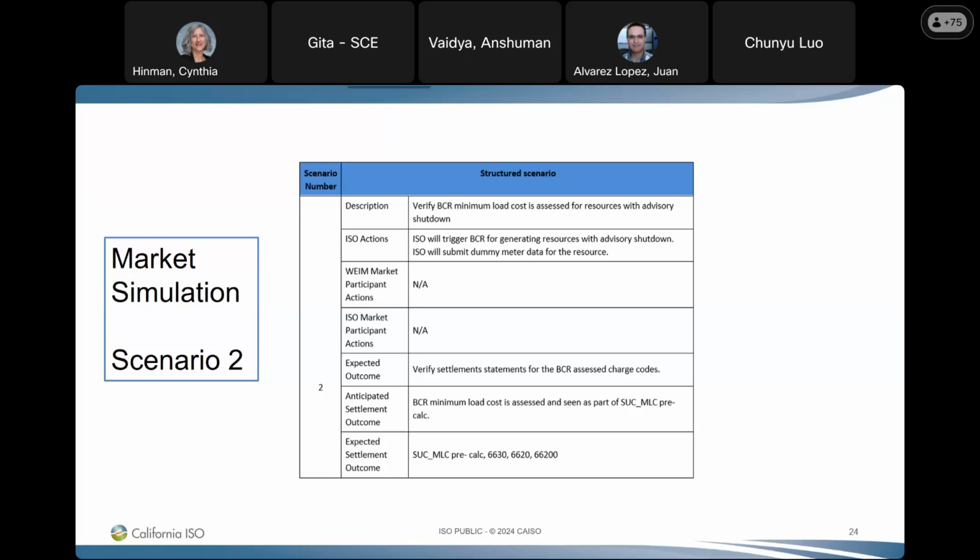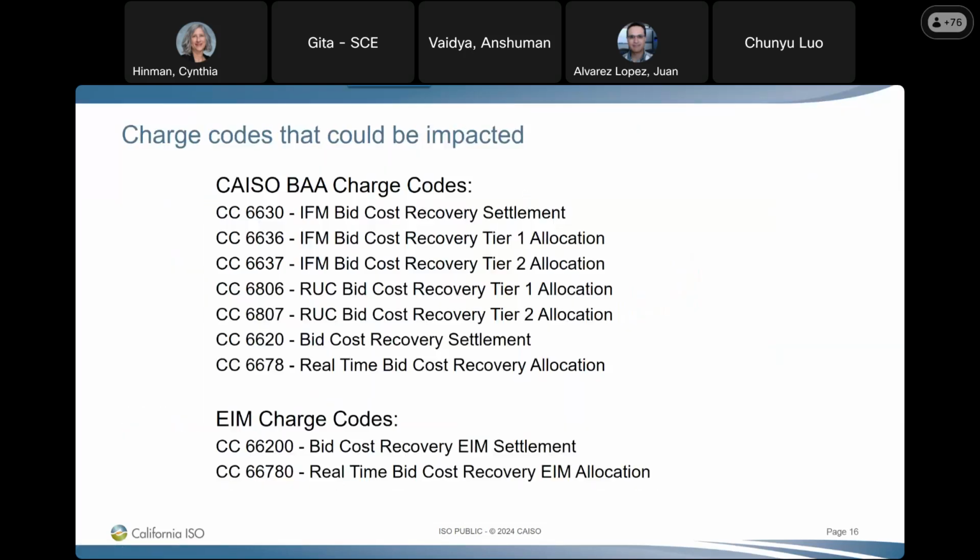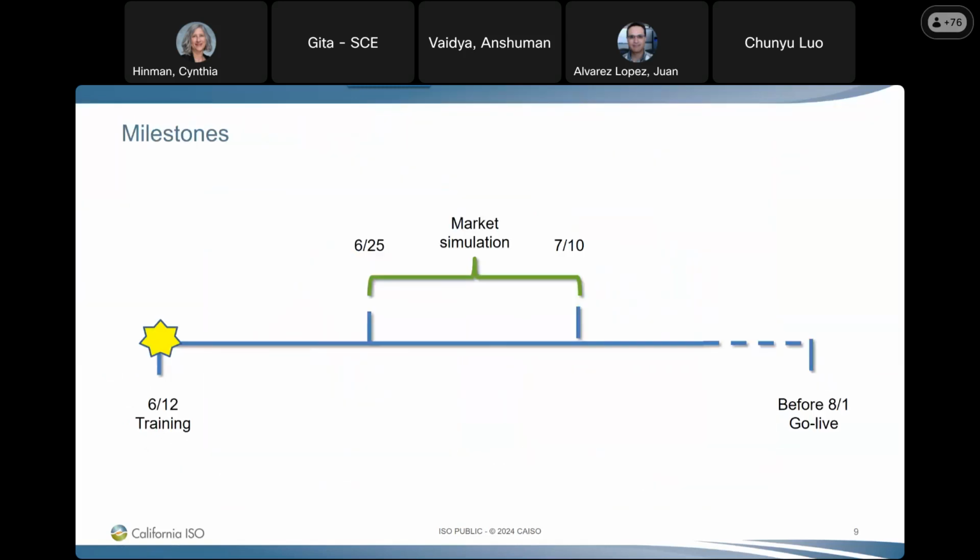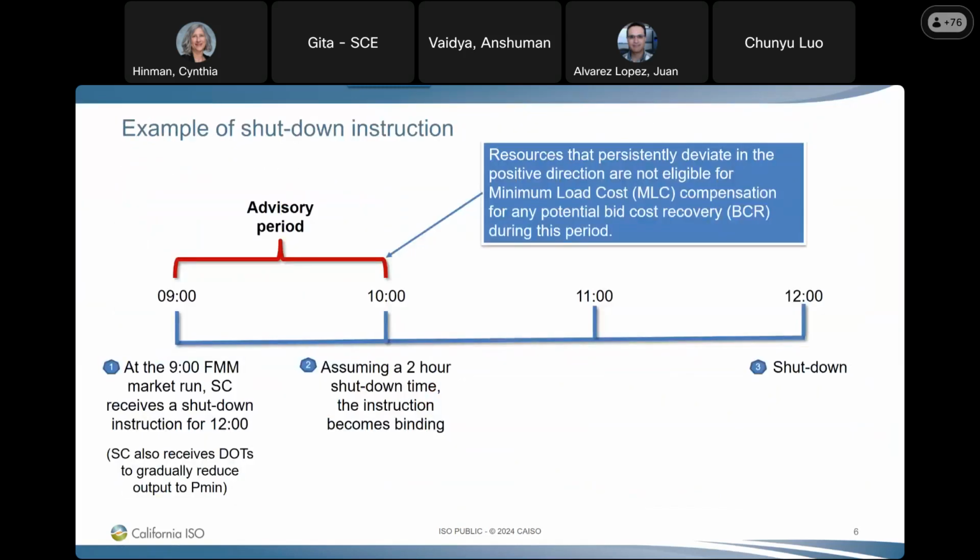There will also be an instruction. I'll go back here to this example. You're also going to receive a DOT to gradually reduce your output to payment. So you will see that.